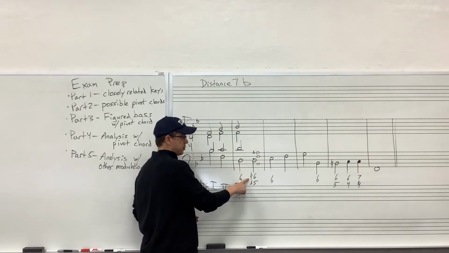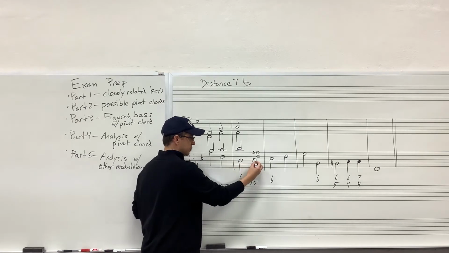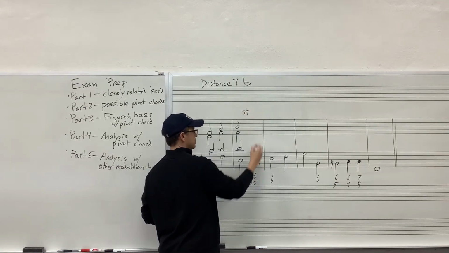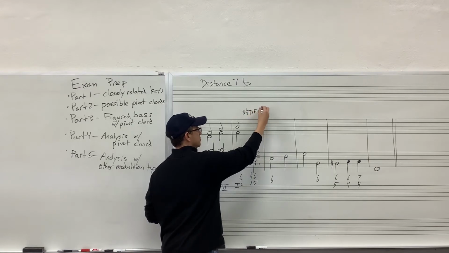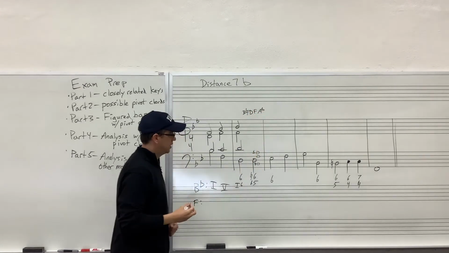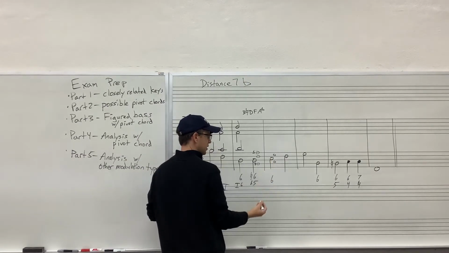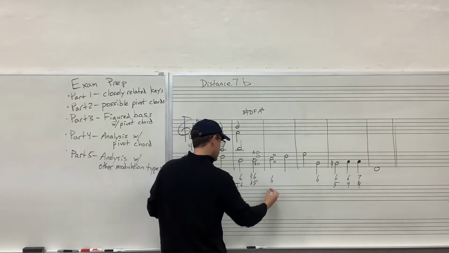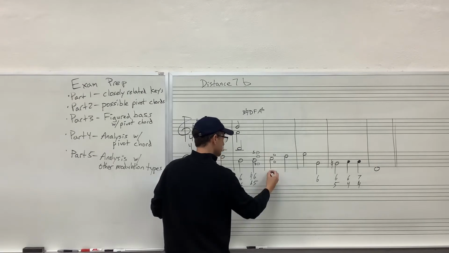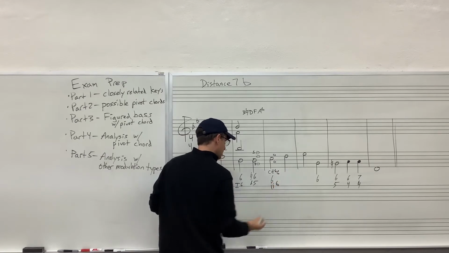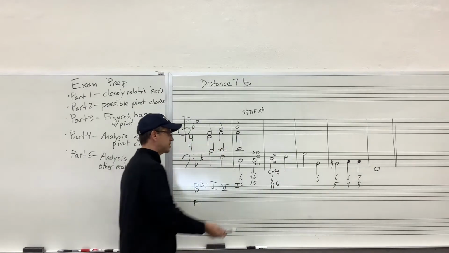And a sixth above the bass is natural, so we will have B natural. And then if we look at this, that's just going to be C, E flat, G. So this will be a 2.